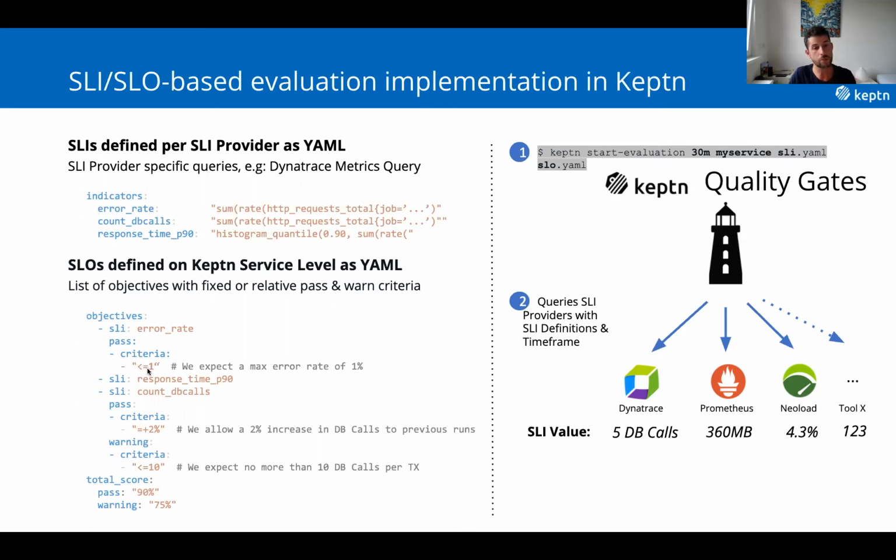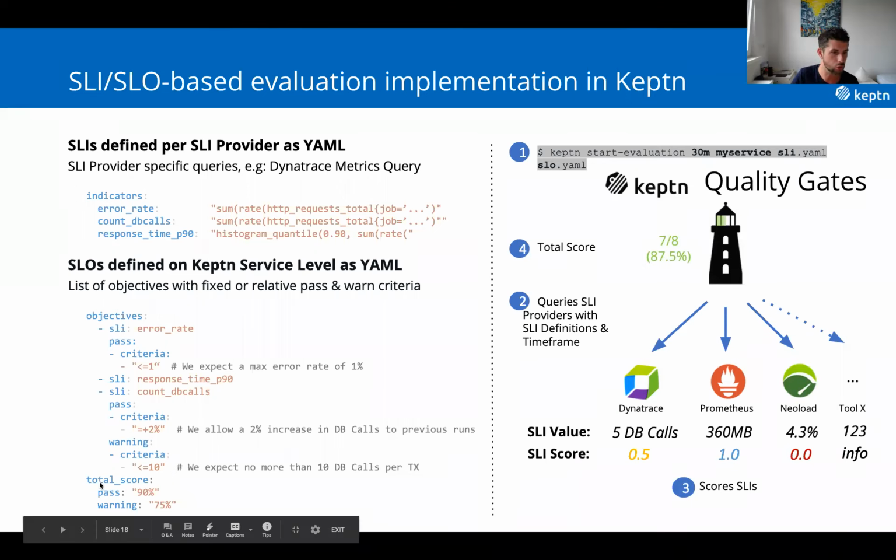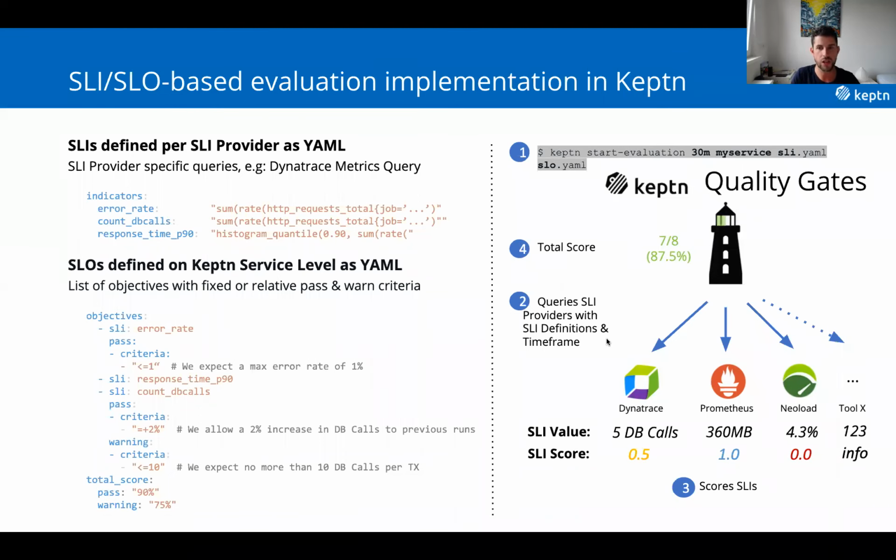So if the error rate that it got from Prometheus is smaller than 1%, score it, and then apply a score between 0 and 1, and then come back with the total score. And depending on the total score that's defined in the objective file, it will give you either a pass, like a thumbs up, or a thumbs down if the total score is not satisfying when it comes to your service level objective file.